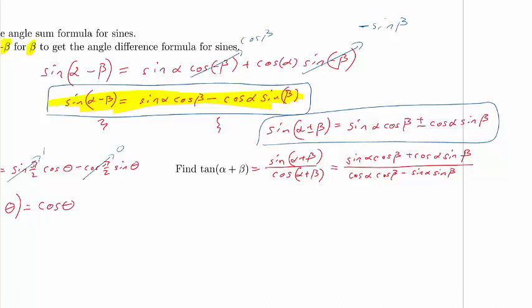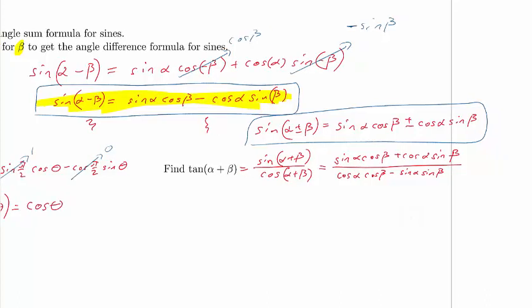All right. So first thing we're going to do is try and convert these sines and cosines into tangents. So on the top, we've got a sine alpha. Let's turn that sine alpha into a tan alpha. So we've got to divide by cosine alpha to make that happen. What we do to the top, we must also do to the bottom. Alright, now we need to distribute those to both terms that we have here.